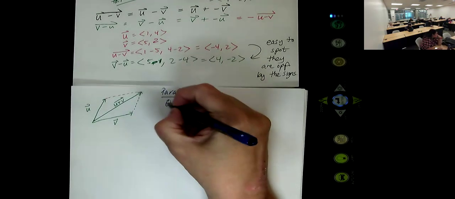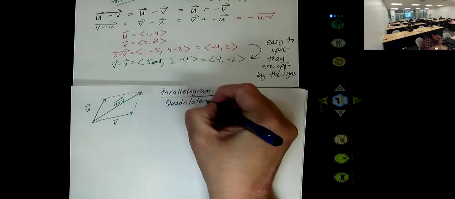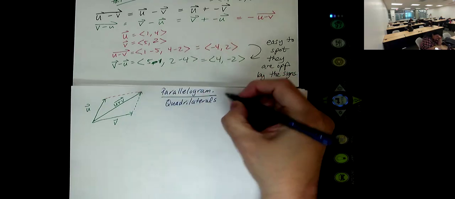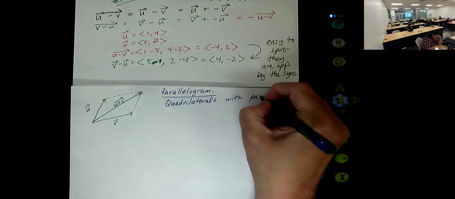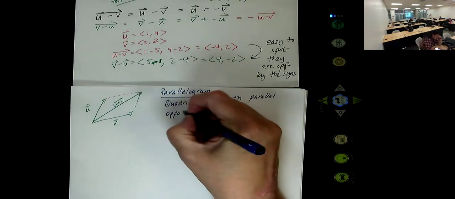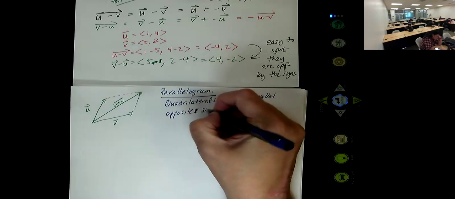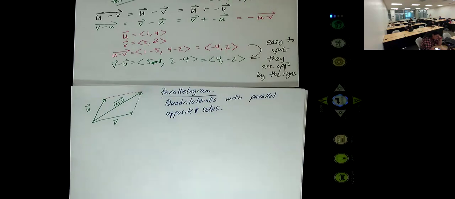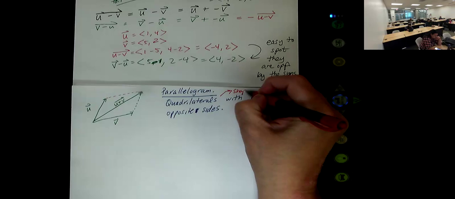Parallelograms are quadrilaterals with parallel opposite sides. A quadrilateral is a shape with four sides.